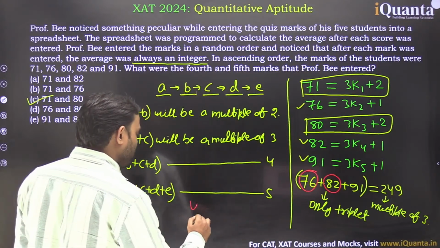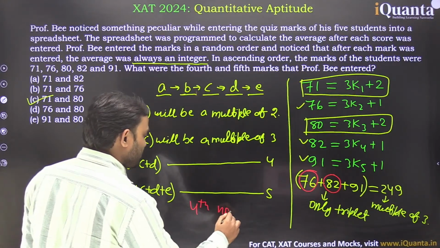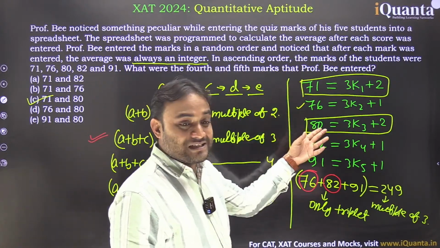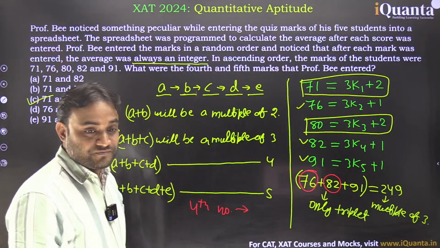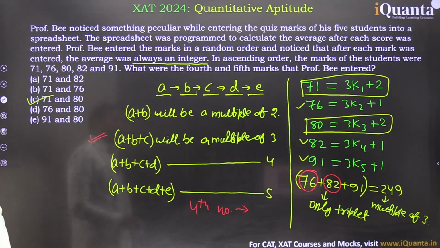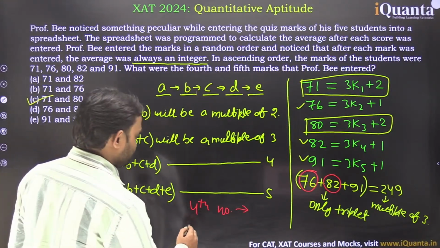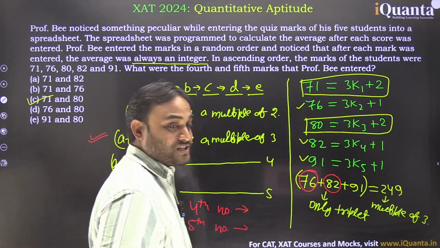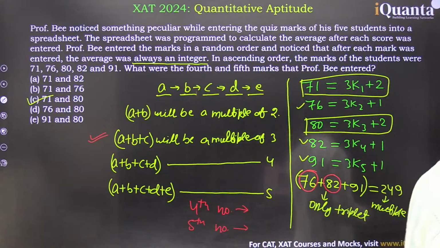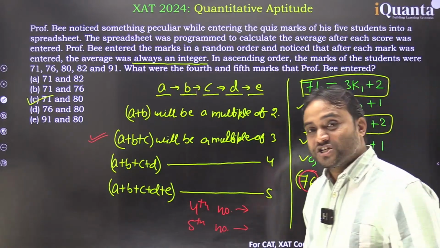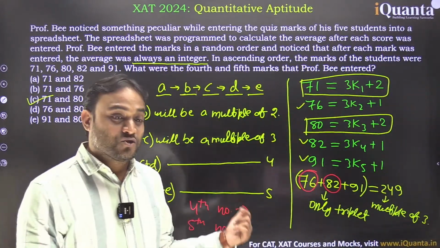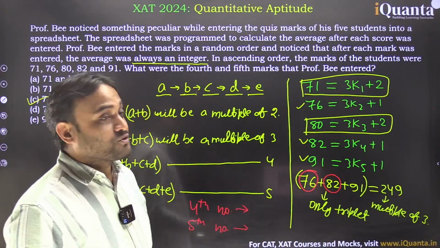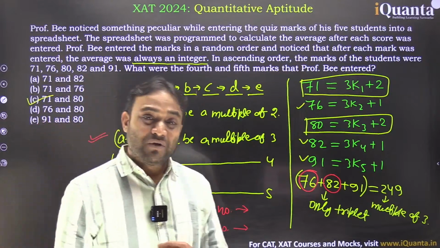What will be our fourth number? Is it 71 or is it 80? Which one? Think about this. This one is also a very popular question. Just like that Ram, Shyam and Hari problem, this question from averages is also very popular. I have seen these types of questions multiple times.